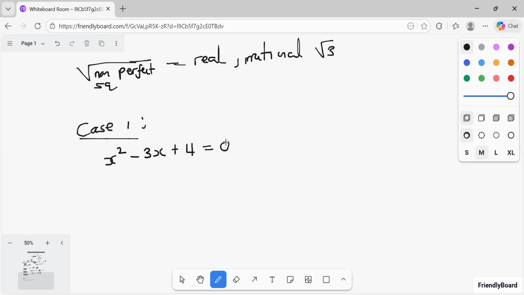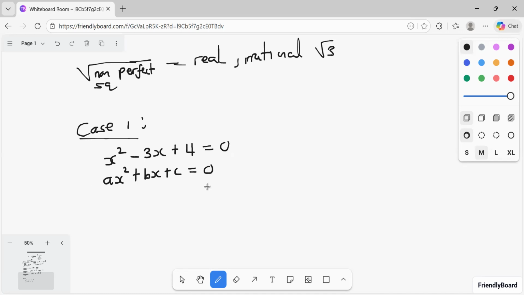First things first, I need to check whether this quadratic equation is in the standard form. What do I mean by standard form? This is the standard form: ax squared plus bx plus c is equal to 0.